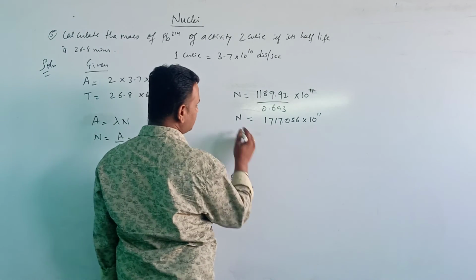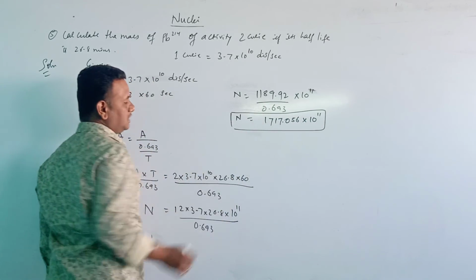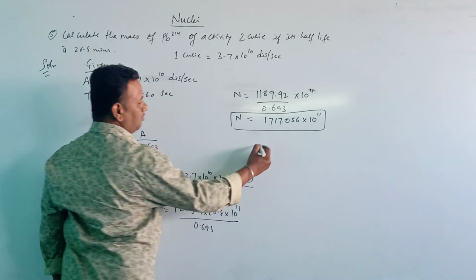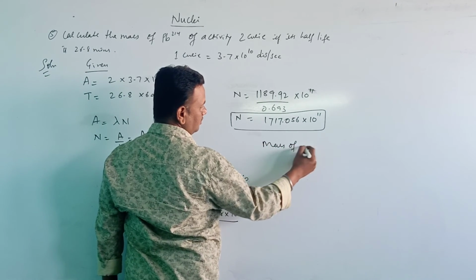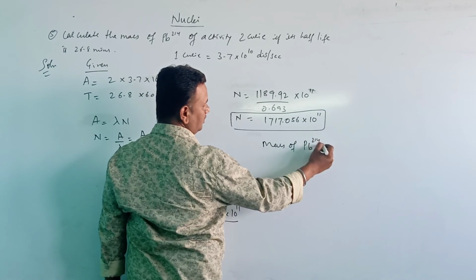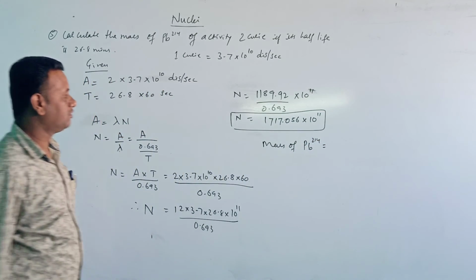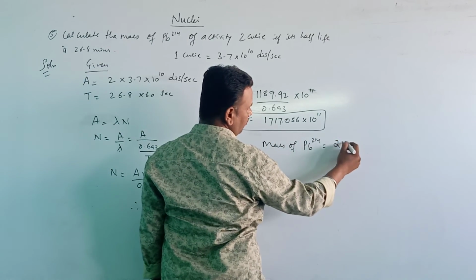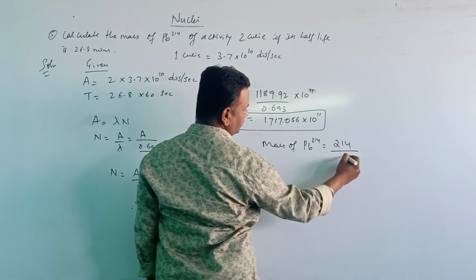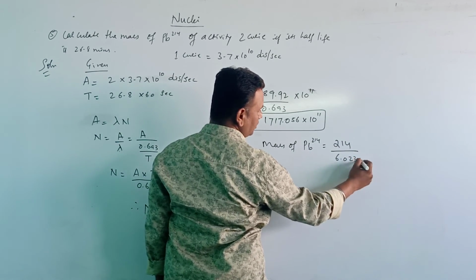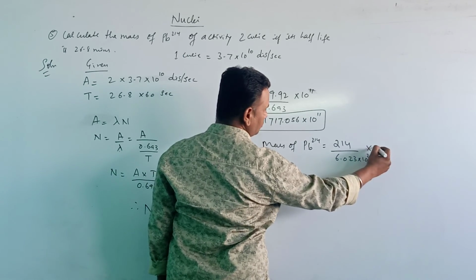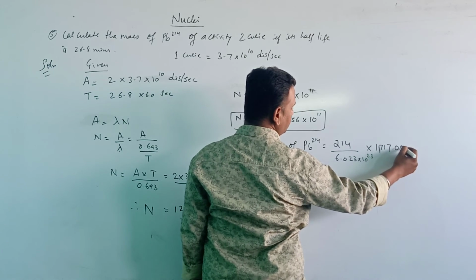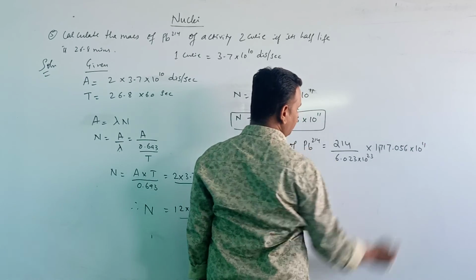Now this n value we will take to find out the mass here. So mass of lead 214 is equal to, now how much is the mass number here? 214 divided by 6.023 into 10 to the power of 23, into 17.056 into 10 to the power of 11.